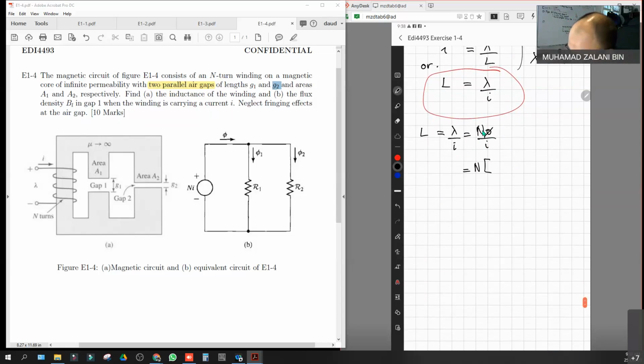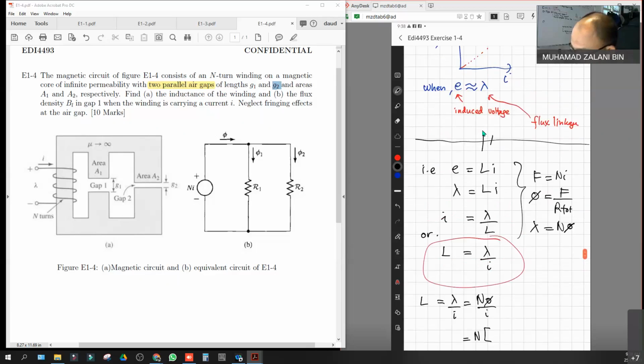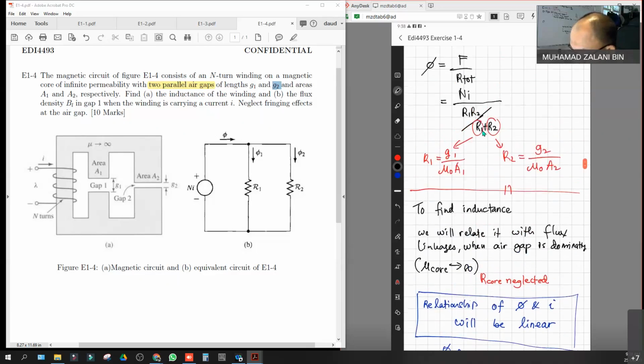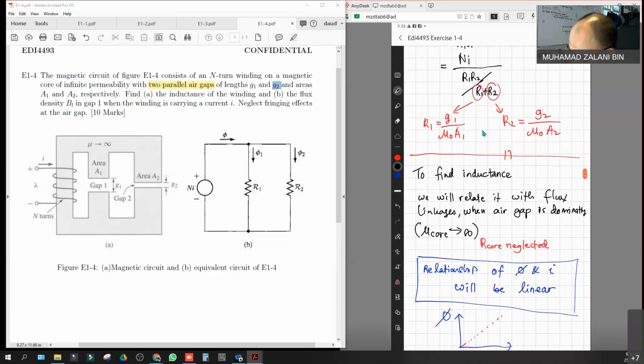So we have N, the phi equation from before, which is, I don't remember. Where is the phi equation from before, Ni by R1 R2.